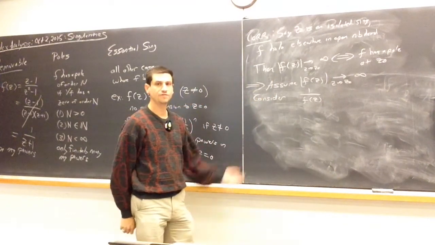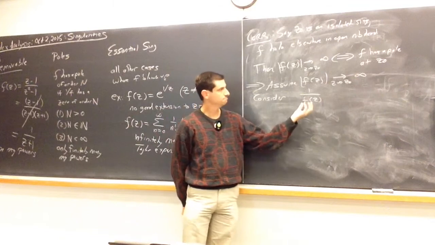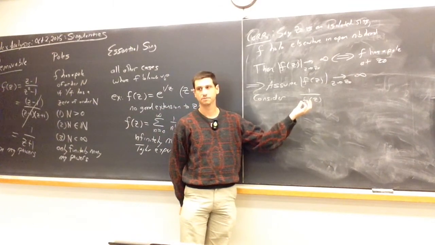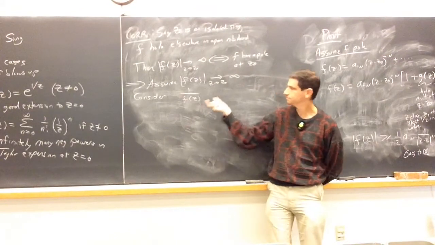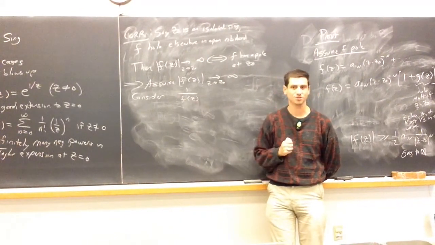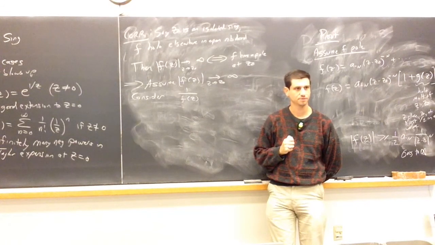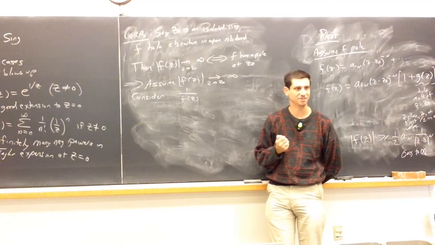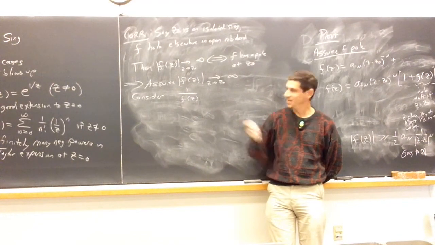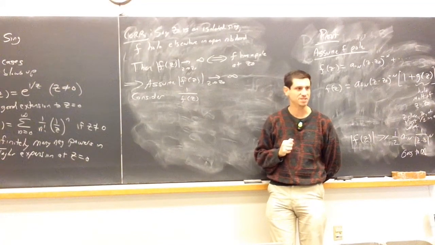Is this function well defined near z naught? What's the only danger for this function? When I write something like this down, what's the only thing that makes me scared? 0. Do I have to worry about f being 0 near z naught?